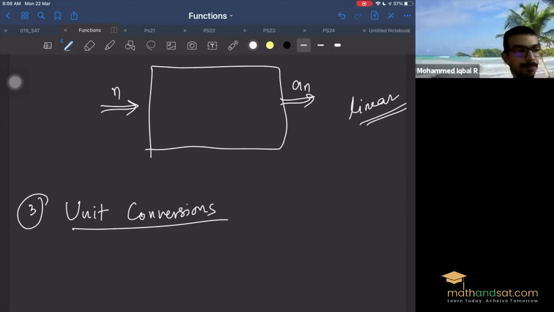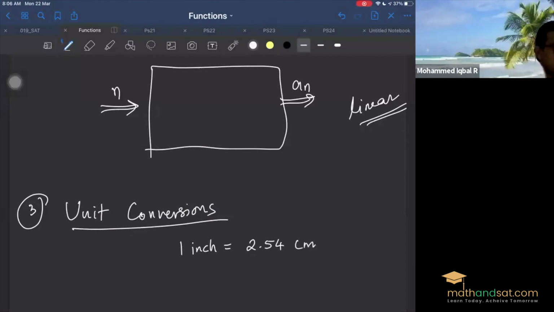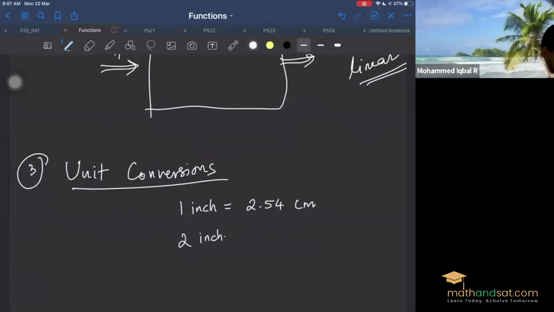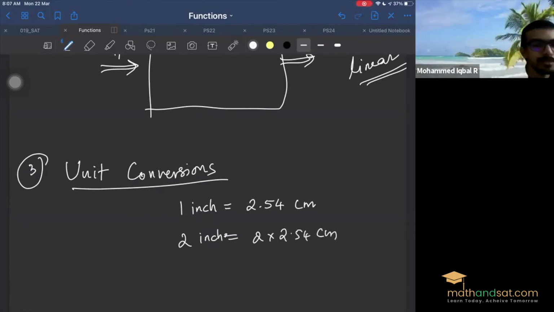For example, if I tell you that 1 inch is equal to 2.54 centimeters, you know that 2 inches will be 2 times 2.54 centimeters, right? 3 inches will be 3 times 2.54 centimeters.